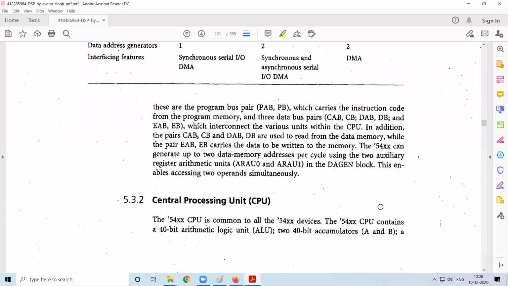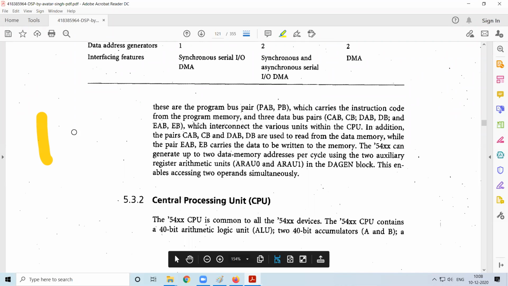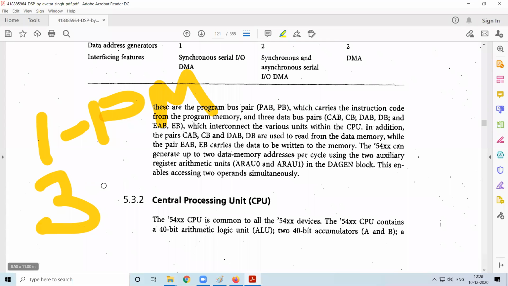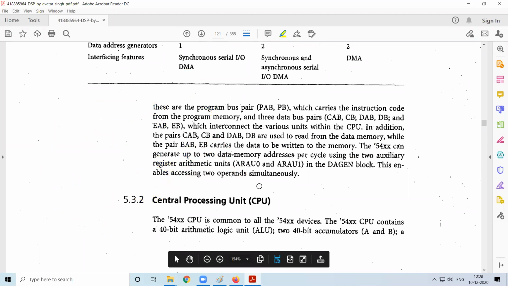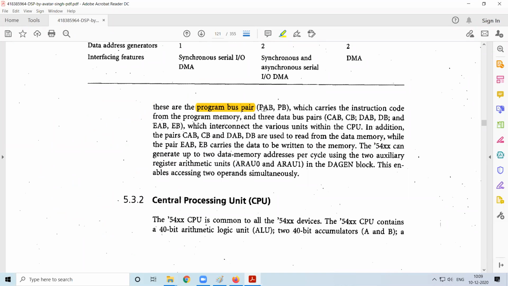Again, as we specified, the 54XX has one program memory and three data memories. Based on that, you have a bus pair for the program, termed PAB and PB.